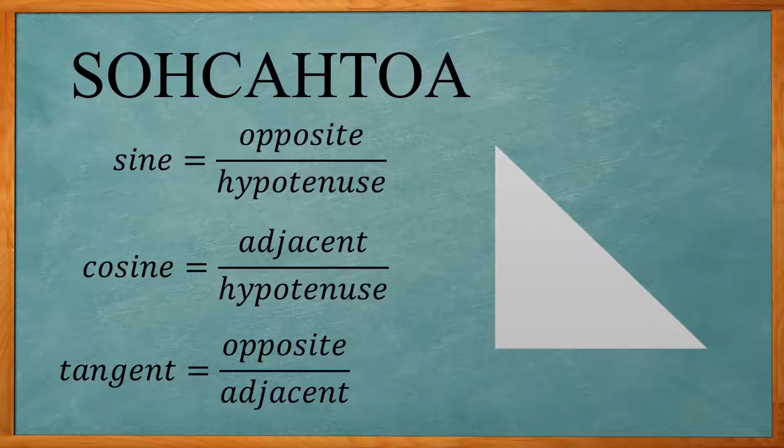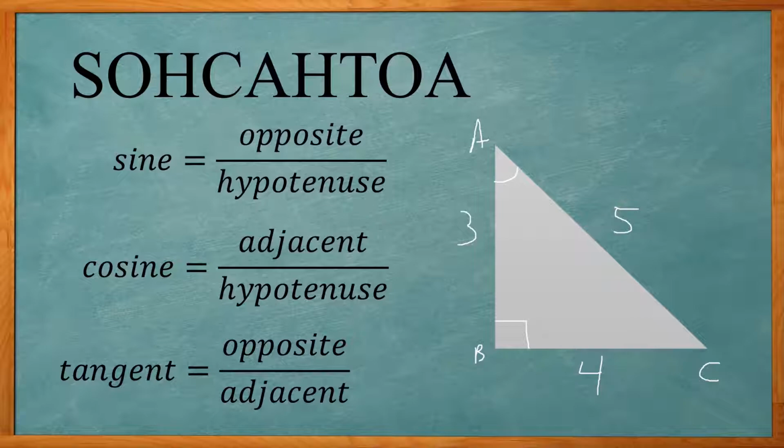Now when you have a right triangle, let's say we have triangle A, B, C, and we're going to deal with angle A, and we have sides 3, 4, and 5. Those are just the lengths of the sides.